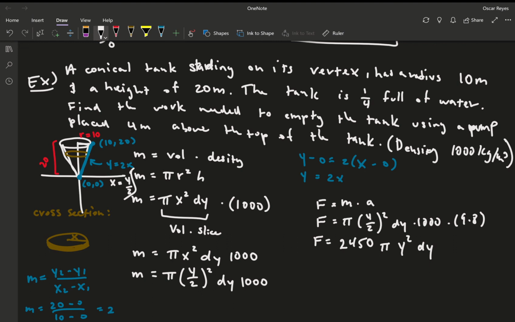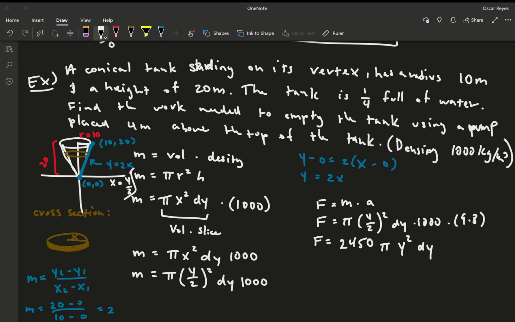All I did was multiply and divide by 2, which gives me 245. I left pi outside, and y squared stays as y squared, because you have y over 2, which is y squared over 4. And if you simplify all that, you get 2,450 pi y squared dy. So now that's our force.